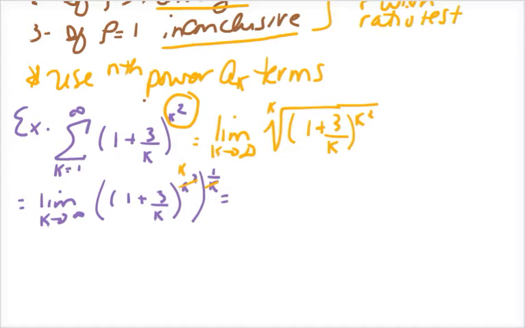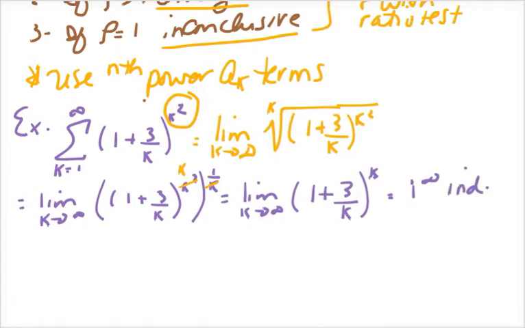And what we end up with is the limit as k goes to infinity of 1 plus 3 over k to the k. When you substitute in infinity, you notice that you've got something in the form of 1 to infinity, which is an indeterminate form.